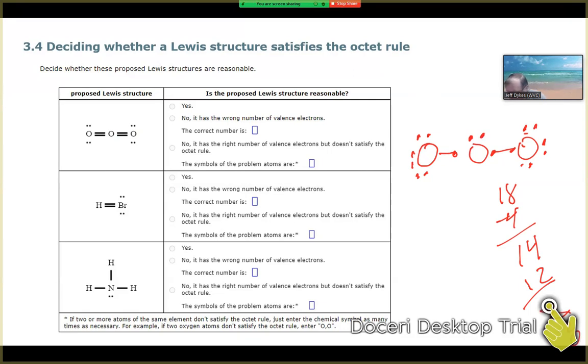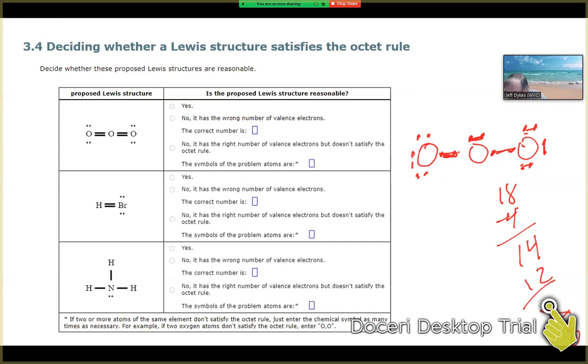Then I check the octets. I count 2, 4, 6, 8, 10, 12, 14, 16, and 18, so I have all my 18 electrons.